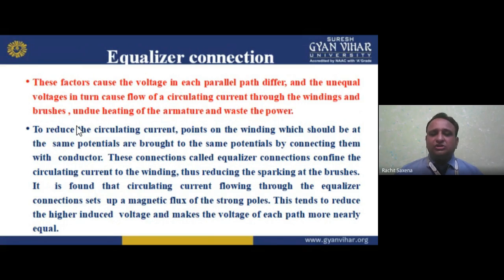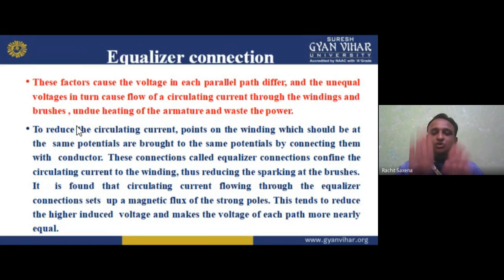Now, to reduce the circulating current due to the unbalanced voltage in the parallel paths, points on the winding which should be at the same potential are brought to the same potential by connecting them with a conductor.